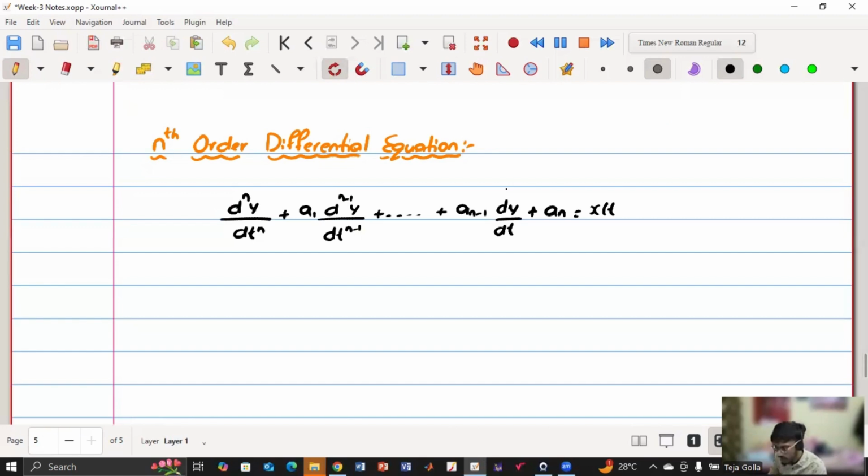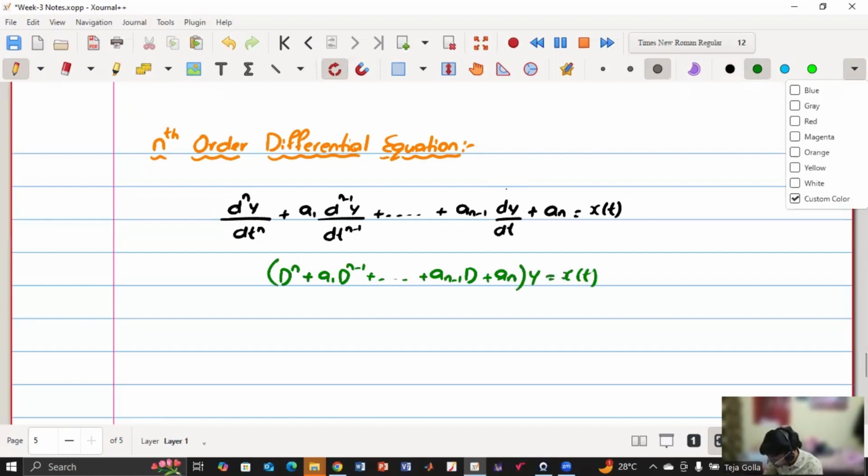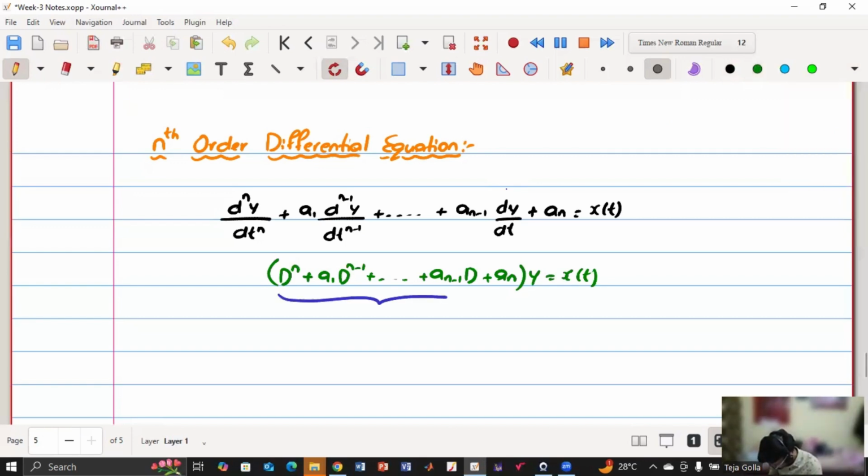First, again we use the operator and write it as d to the power n plus a1 d to the power n minus 1 plus, and so on, up to a n minus 1 d plus an, of y equals x of t. As I have said, first you need to solve for this.